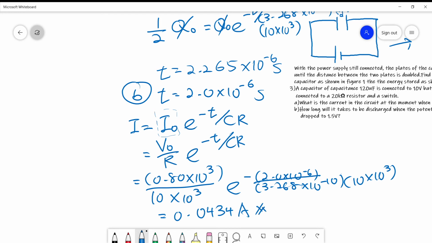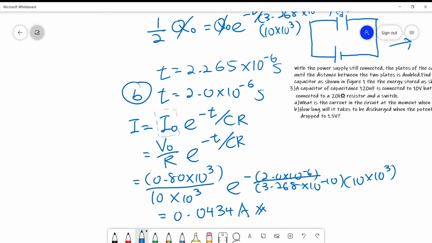So basically this is the way that we calculate the current if we did not have the initial current based on the information given. If we do not have the information, what we need to do is to think and derive the formula for this initial current.